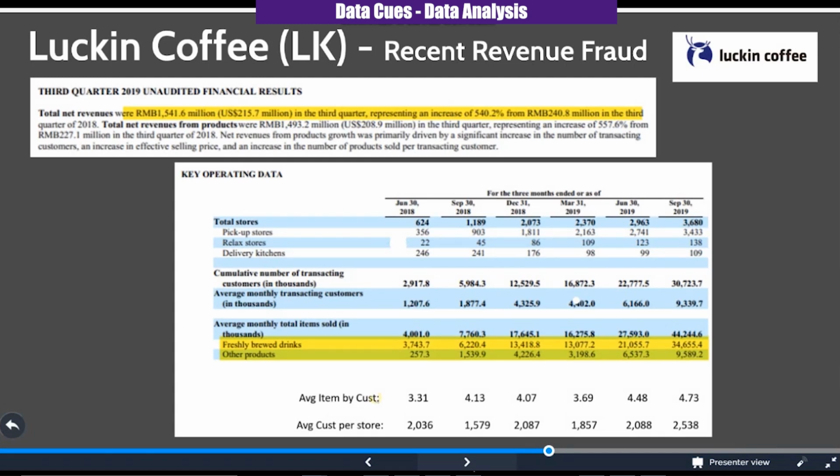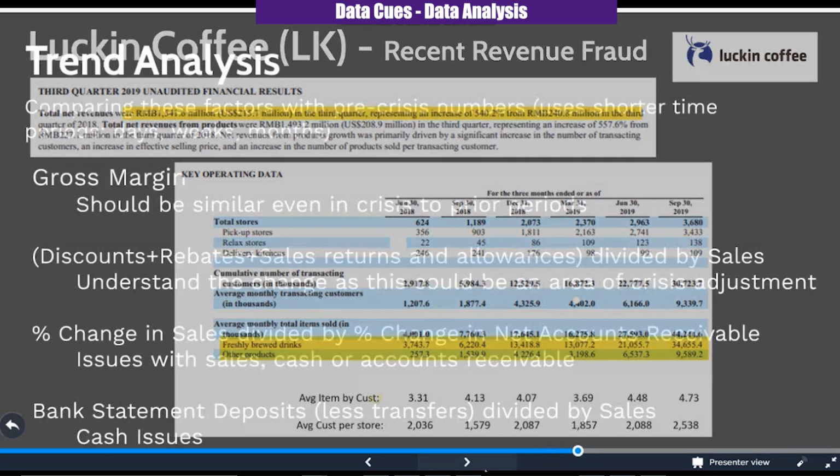All of a sudden in September of 2019, it jumped up to 2500 per store. So new stores open, but the old stores were part of that average too. So there's no way that significant 26% increase could have occurred. It's just too large. And they had a 540% increase in revenue. Just doing some basic data analysis, we might have been able to identify that sooner.